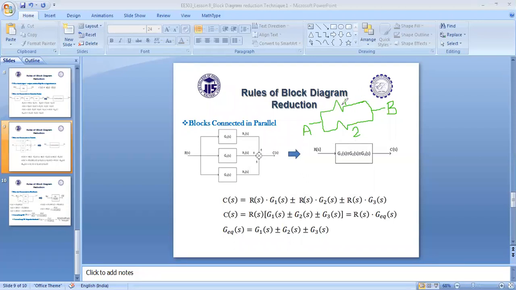Why parallel combination? Because the starting point and ending point of 1 is A and B respectively. Similarly, the starting point and ending point of 2 is A and B respectively. So if both resistors have the same starting and the same terminating point, then we can say the resistors are connected in parallel.